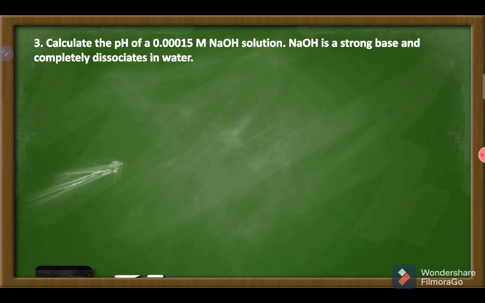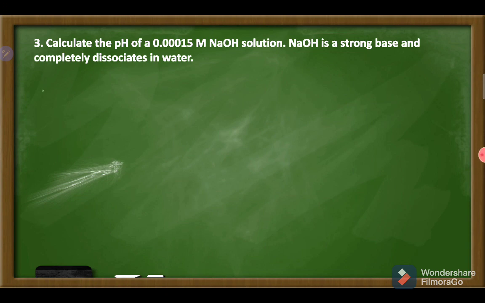So next, number 3: calculate the pH of a 0.00015 molarity of NaOH solution, wherein NaOH is a strong base and completely dissociates in water. Now, for this problem, we need to remember one formula.